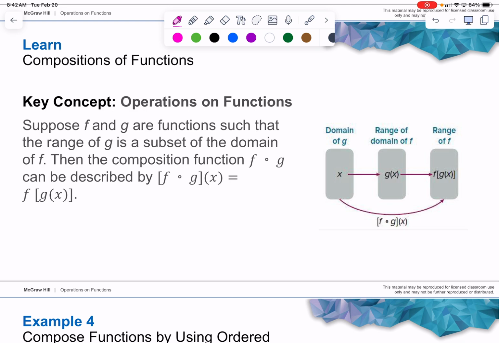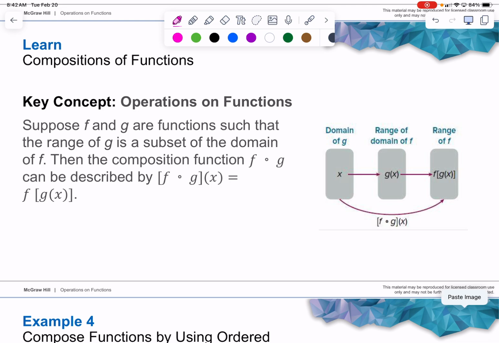So we're going to suppose that f and g are functions, such that the range of g, so the output of g, are a set of numbers that is part of the domain of f. So the stuff I get out of g is stuff that I can use in f without breaking f. Okay? We're going to see what that means more later, but we'll talk about it for now.